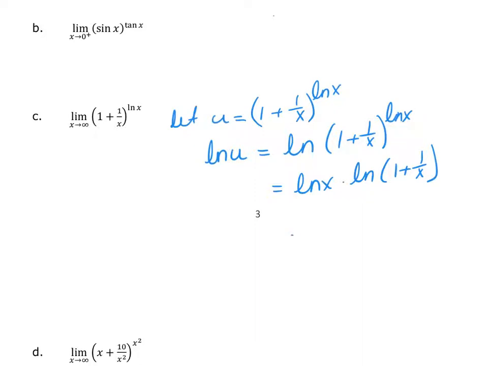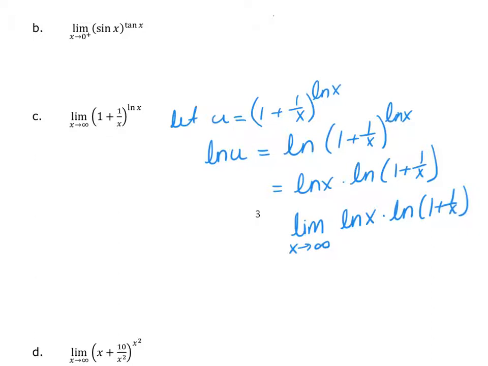So I'm going to look at the limit as x approaches infinity of the natural log of x multiplied by the natural log of 1 plus 1 over x. And then I ask myself, can I do L'Hopital's as it stands right now?